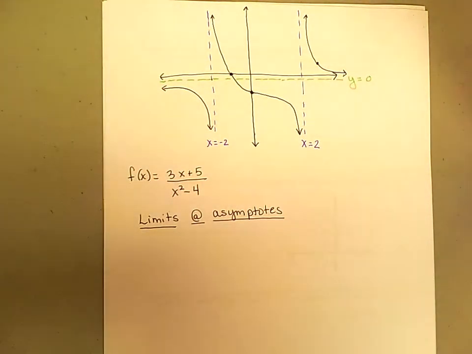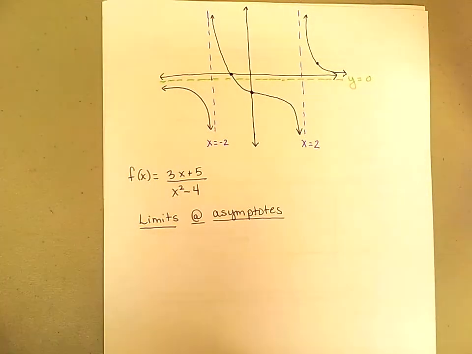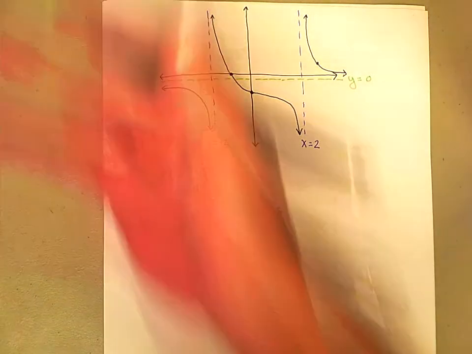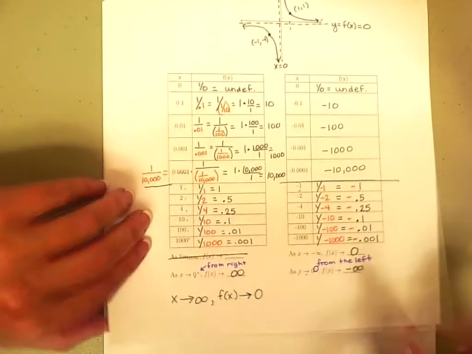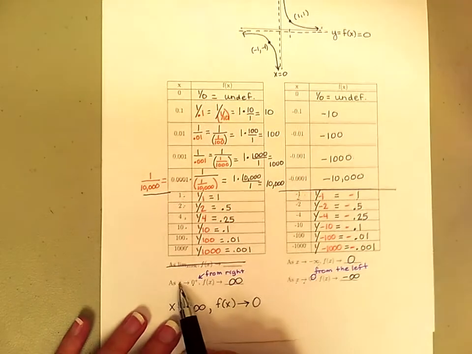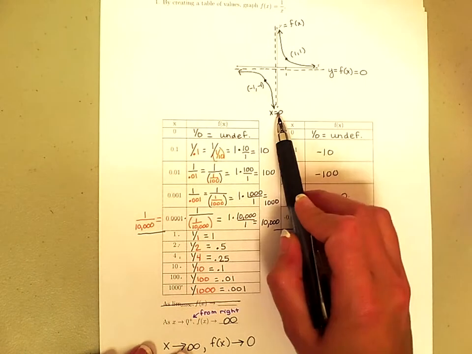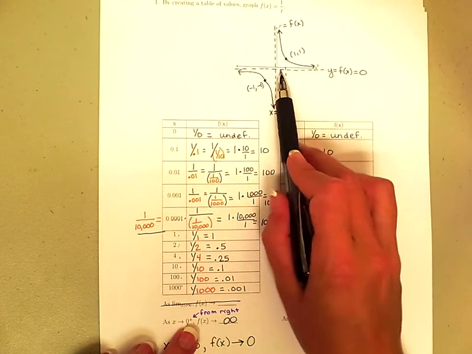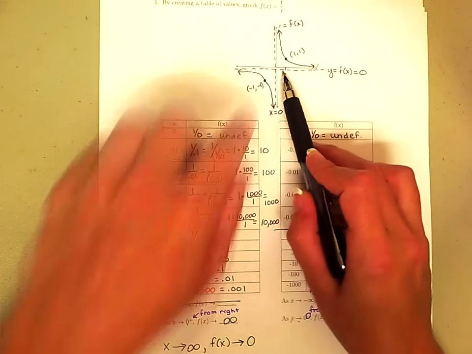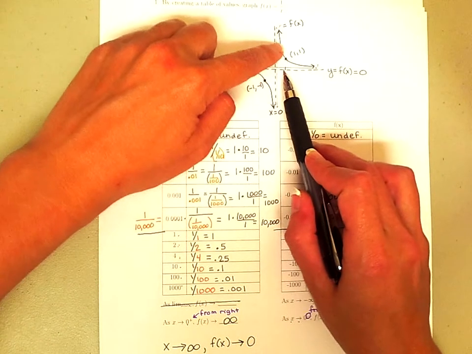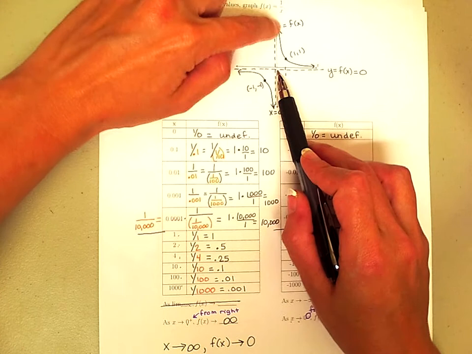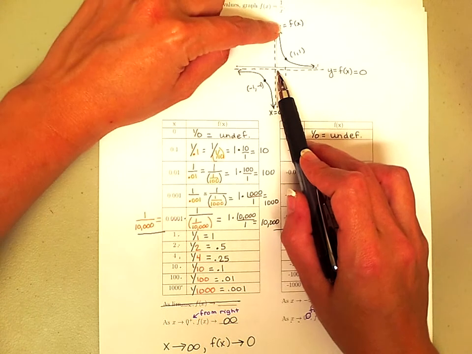We could construct a table of values as we did with our basic rational function. What we were doing in our basic rational function, we were really looking at what is happening as x goes to 0, because that's where our asymptote was. From the right-hand side, we saw that as x was getting closer to 0, the function itself was taking off to positive infinity.